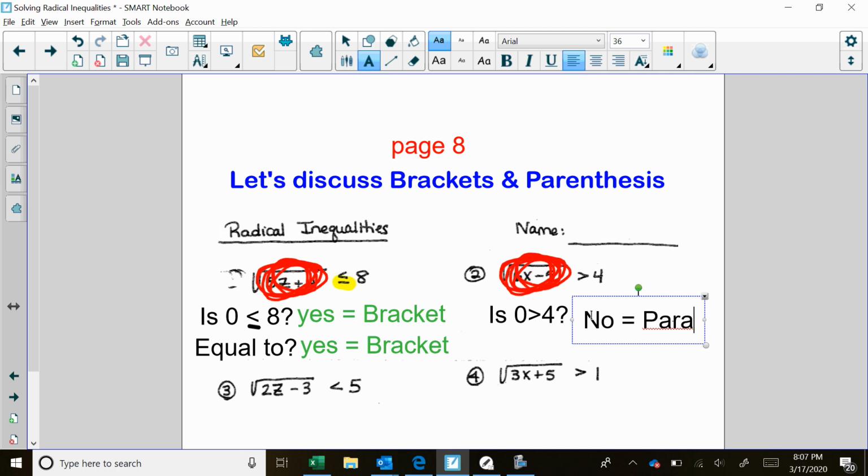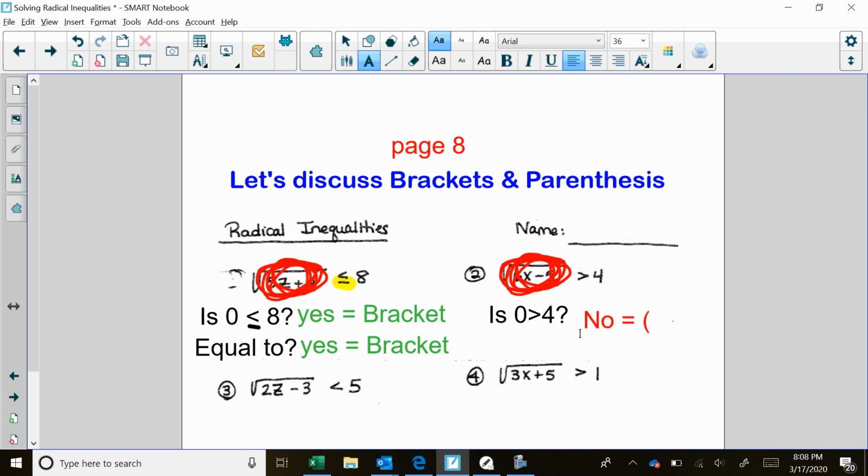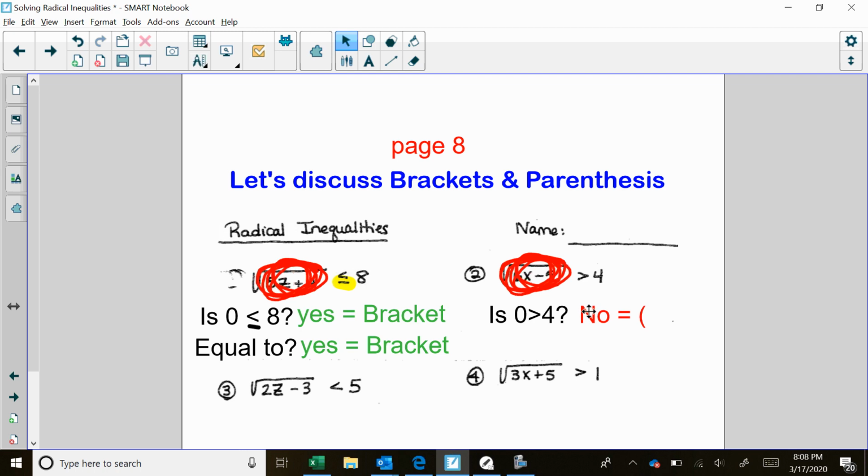I am not going to get an entire word parentheses on here. So no equals a parentheses. So our first critical point that we find is going to have a parentheses associated with it. What about the second one? The second critical point comes from the inequality.